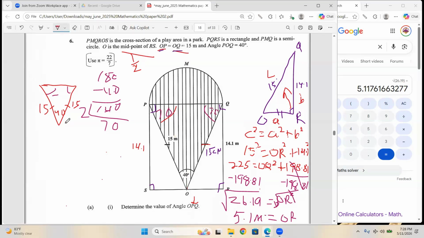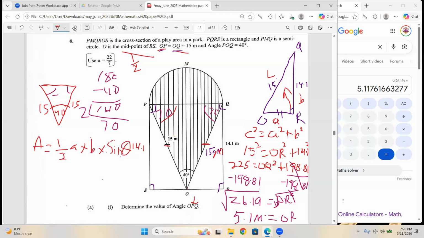So the other formula to use for area when you don't have a height in a triangle is the one where you are given the length of two sides. We know the two equal sides are 15 meters. Why did I put centimeters here? And the angle between the two sides, which is the 40 degrees. So the area of a triangle, when given two sides and the angle between them, is half the product of a and b times sine theta, sine of the angle.